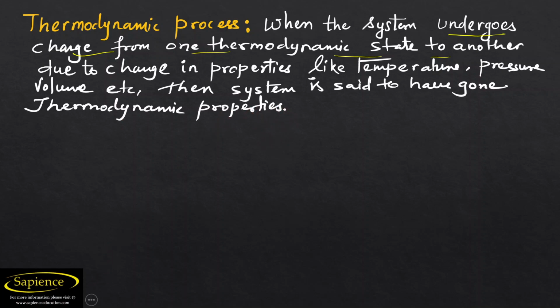So it is not a property, it is a process only. I hope you understood that this is not a property, this is a process. Now let us consider how to understand these things.